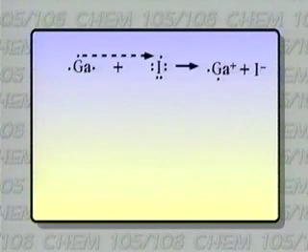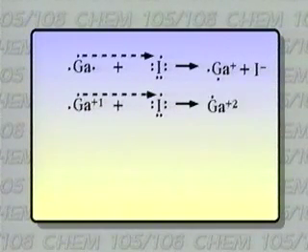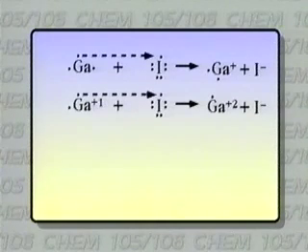Well, we can go down here and show that the Ga+ ion produced in the first step now could give an electron to a second iodine atom, producing now a Ga2+, still has 1 electron left, it doesn't make any difference where we put it, plus another iodide ion.